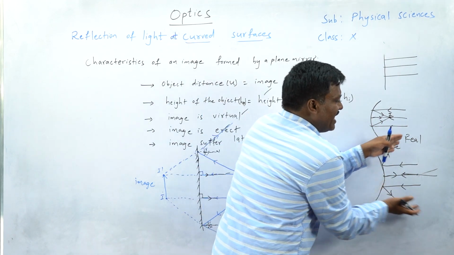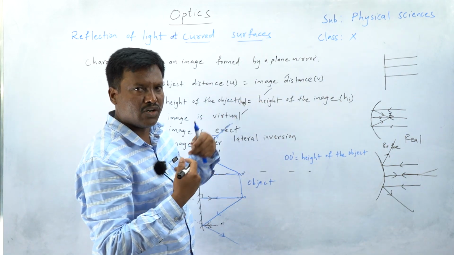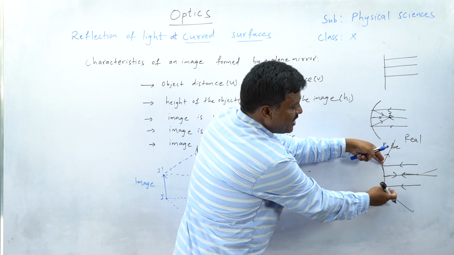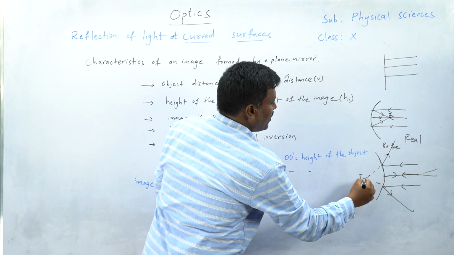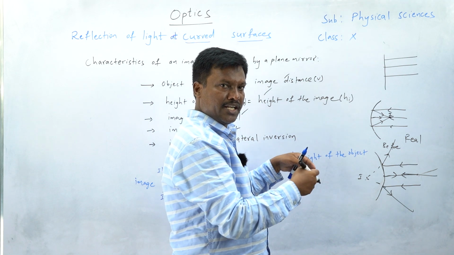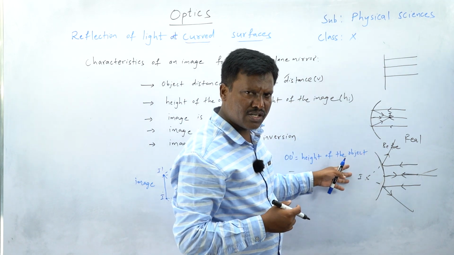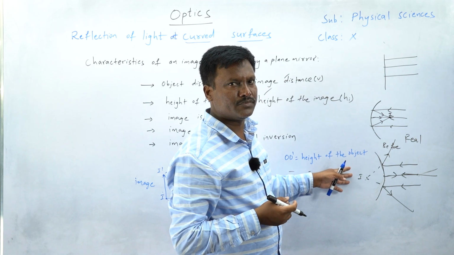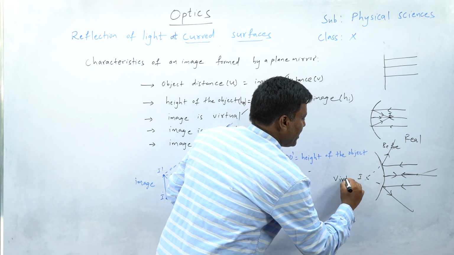Now, are they meeting after reflection? There is no chance. They are diverging. Then what do we do now? We will extend them backside. Now here the image is formed, due to the imaginary lines which we have drawn. Are rays really coming towards the backside of the mirror? No. So this kind of image is called what, Nana? Virtual image.